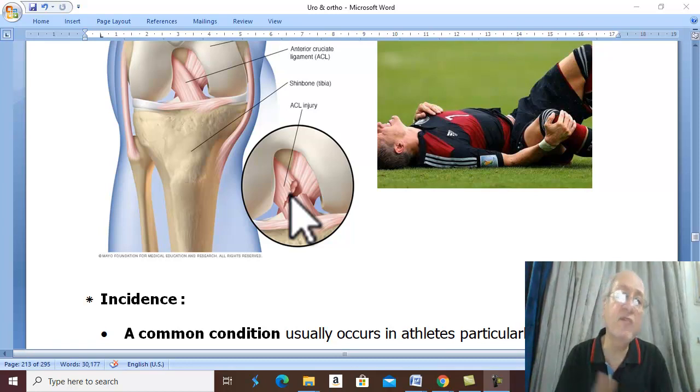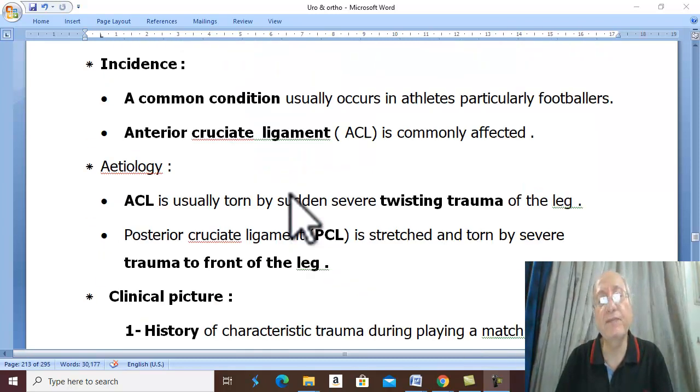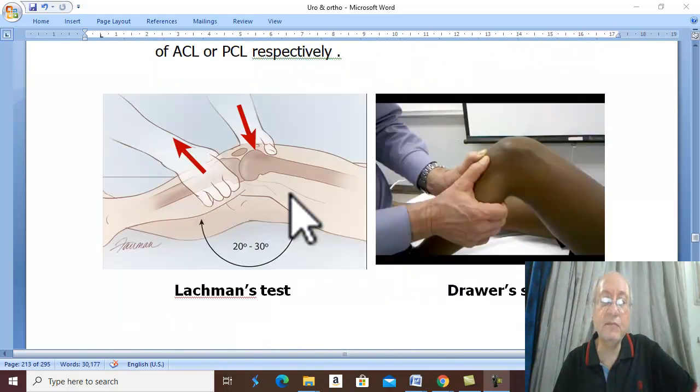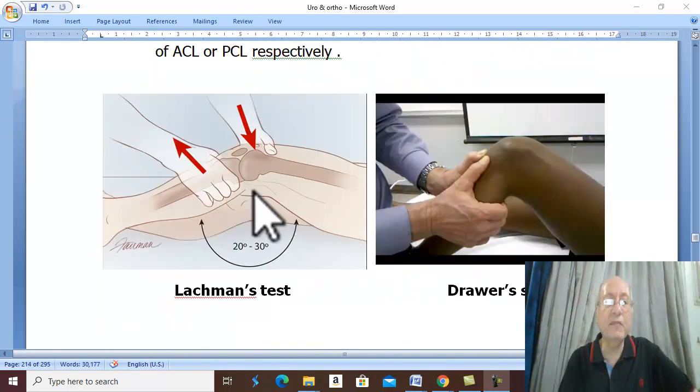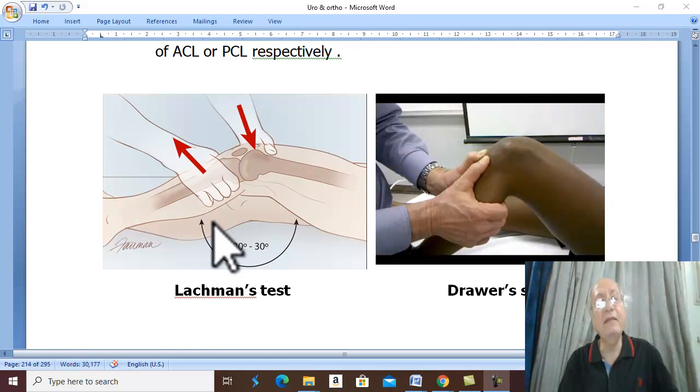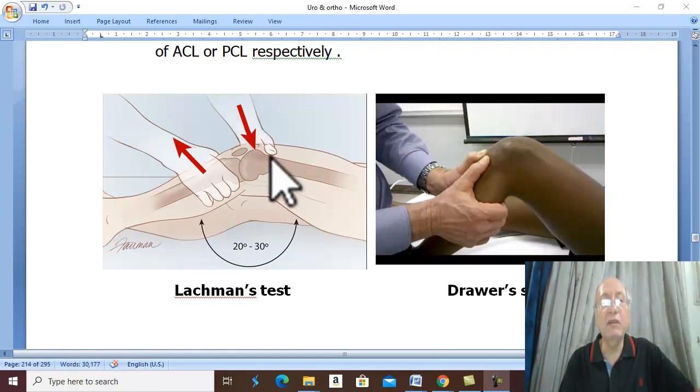The first test is characteristic for the commonest injury, which is the anterior cruciate, called Lachman's test. What is Lachman's test? With the patient supine, put the thigh and the leg in 20 to 30 degree flexion, hold the lower part of the femur with one hand and the upper part of the tibia with the other hand, and move the two hands in opposite directions.